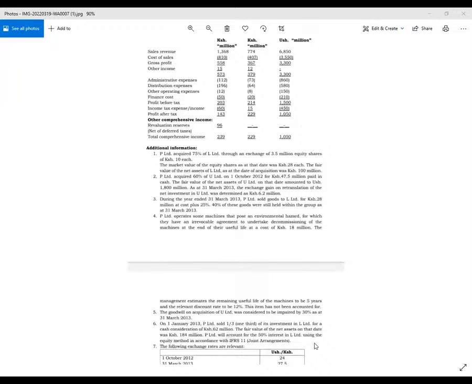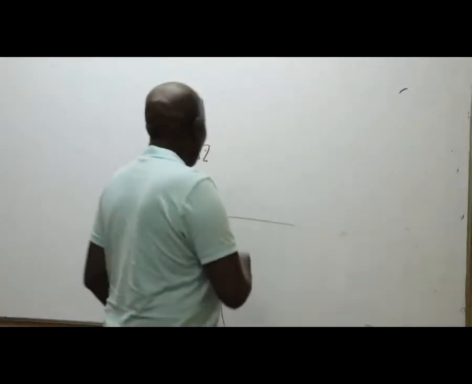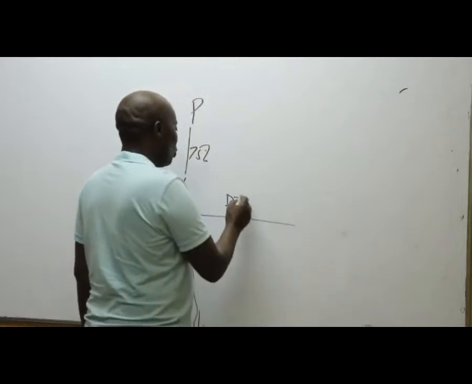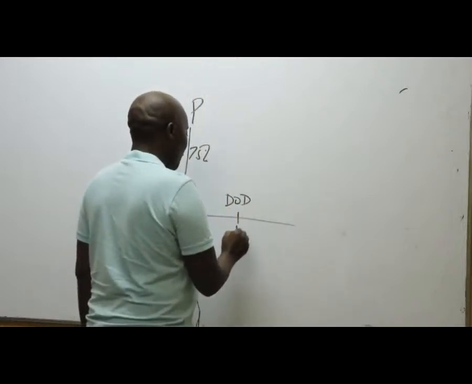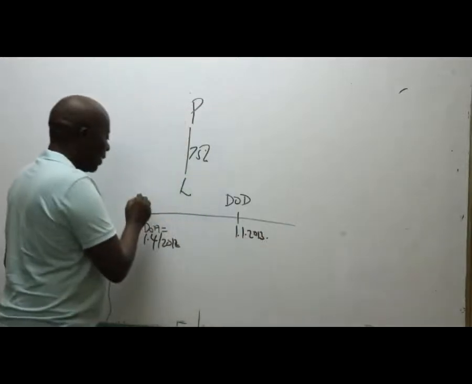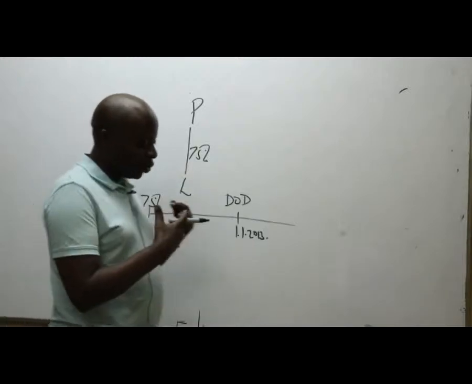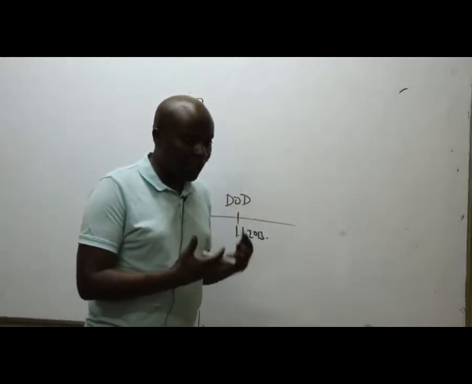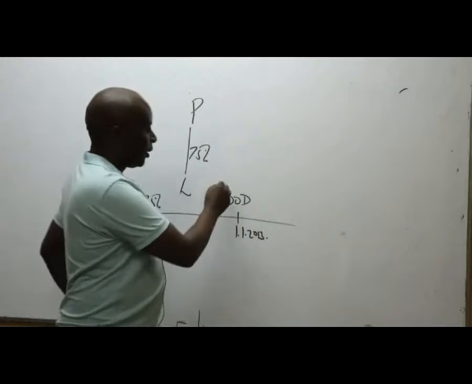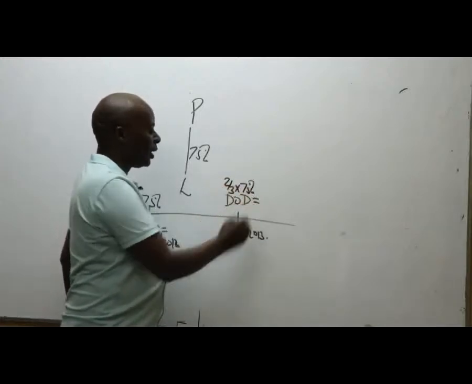So there was a disposal, and the date of disposal is 1st January 2013. Remember, we had 75% of L, and we disposed 1/3, so that leaves us with 2/3. So what is 2/3 of 75%? Can somebody give me this figure?